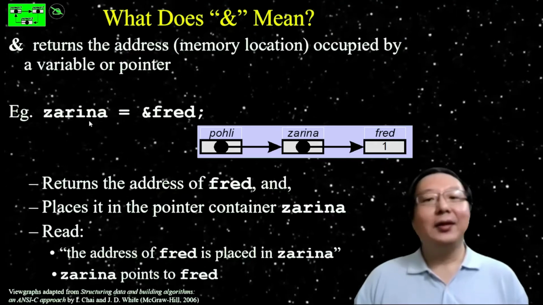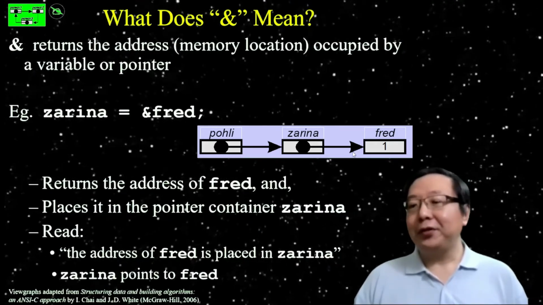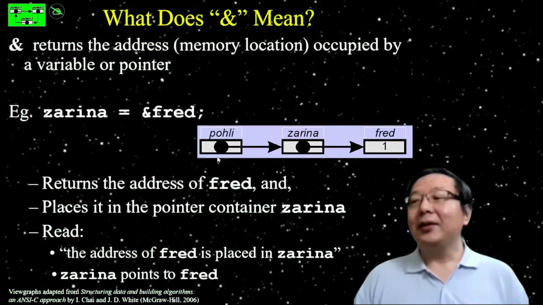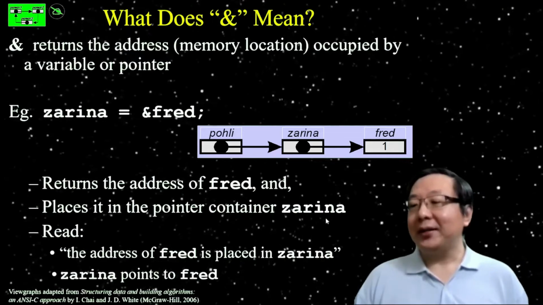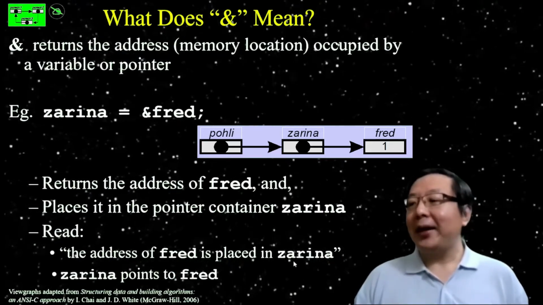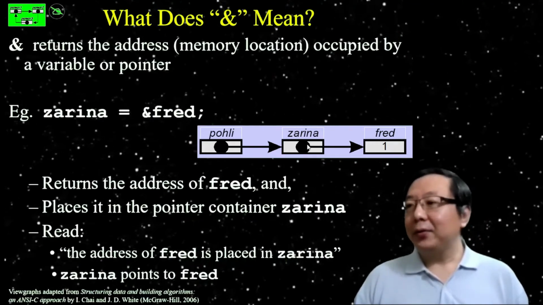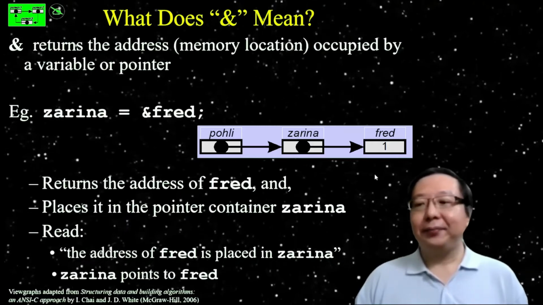For example, Zarina equals ampersand Fred. So Zarina points to Fred. Ampersand gets the address of Fred and places it in the pointer Zarina. So this is saying the address of Fred is placed in Zarina. In the VP diagram, Zarina points to Fred.